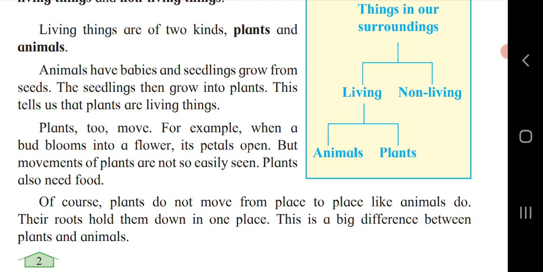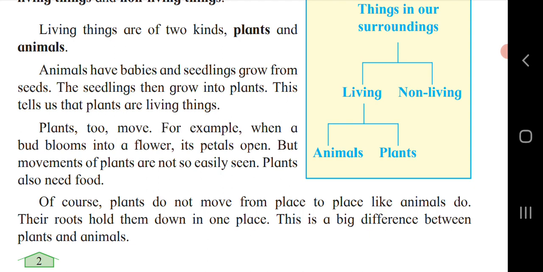So if we see a bud of a flower, sometimes on the next day it will start blooming and we cannot see the process of it. But from this we come to know that plants have movement, and these movements are not easily seen by us human beings.